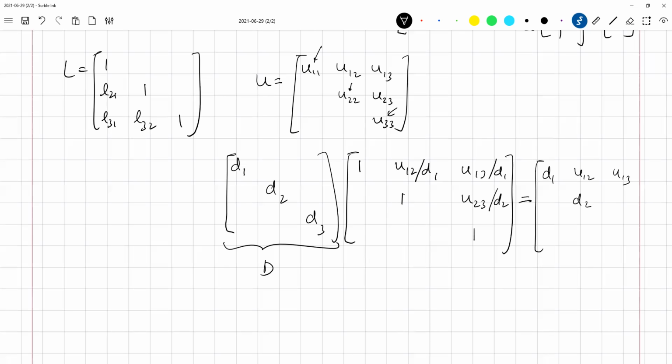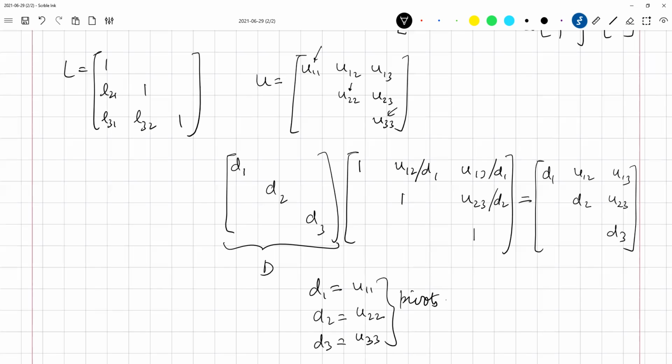This is going to be D2 and U23. Now, if D1 is equal to U11, D2 is equal to U22, and D3 is equal to U33, so these are your pivots.